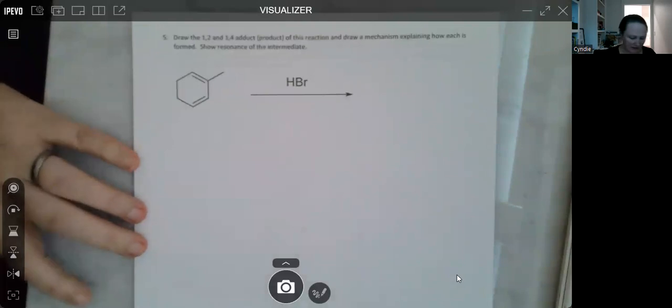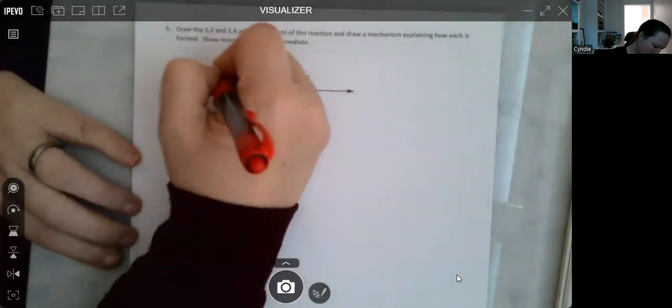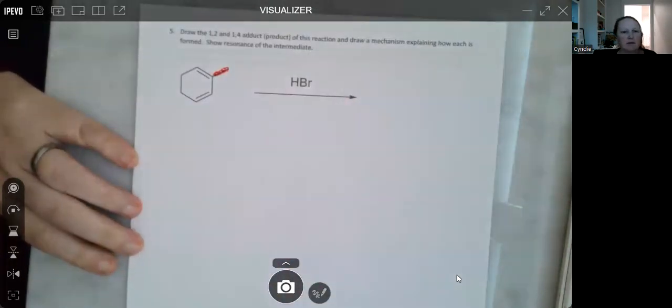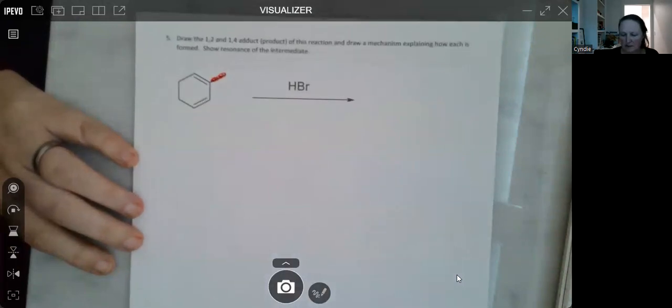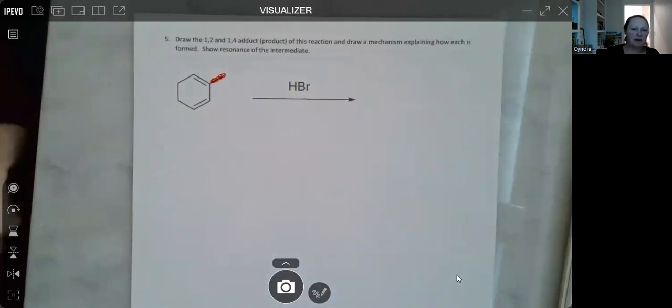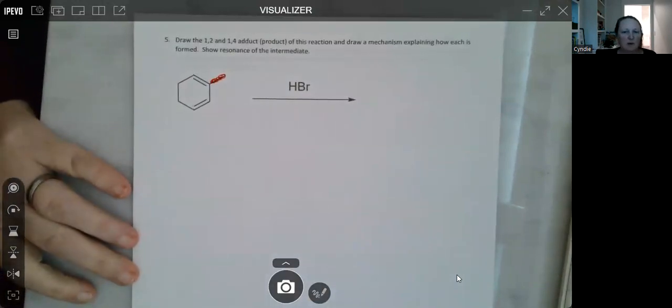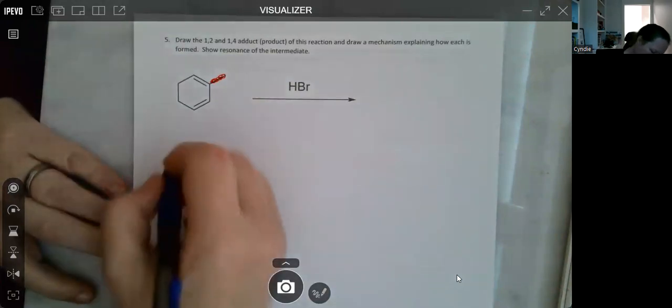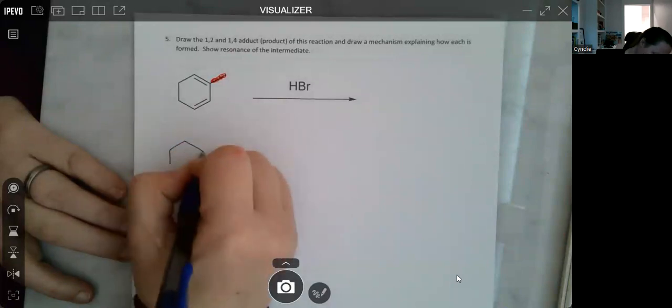Okay, so again, I'm going to remove this methyl group to make it a simpler case. It says, draw the mechanism explaining how the 1,2 and 1,4 products are formed in this reaction and show resonance of the intermediate. So I'm going to redraw the diene.